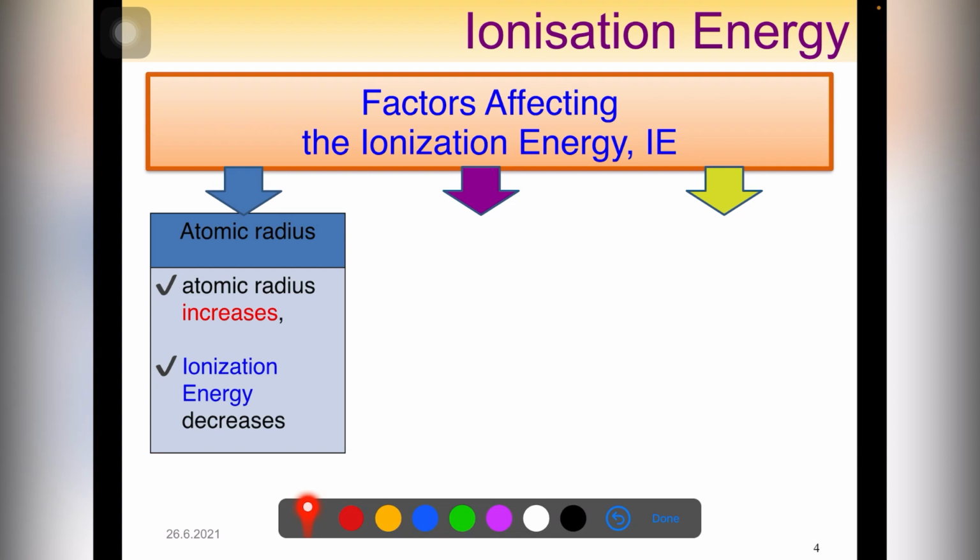It shows that it needs a small amount of energy to remove the electron if the atomic radius is larger. When the atomic radius is larger, the attraction between the nucleus and outer electrons is weaker. So it just needs a small amount of energy to remove the outer electrons, because the attraction is already weaker.